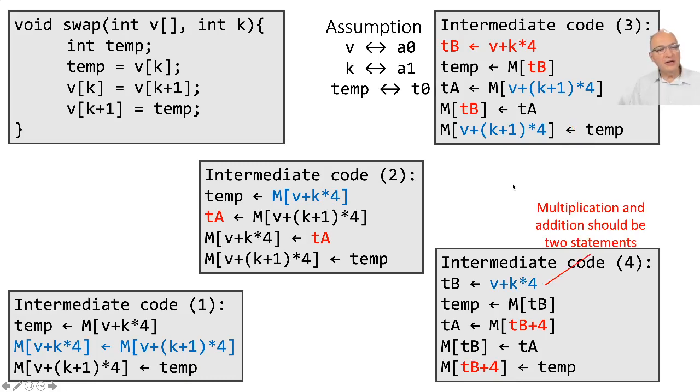Now I have this expression v plus k times 4 that involves both a multiplication and an addition, and I cannot multiply and add in the same instruction in RISC-V, so I need to separate that into two statements.